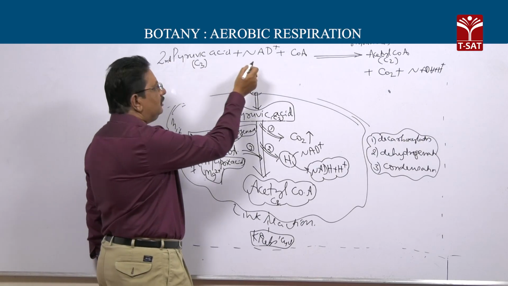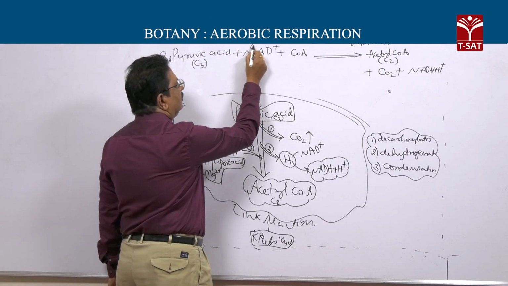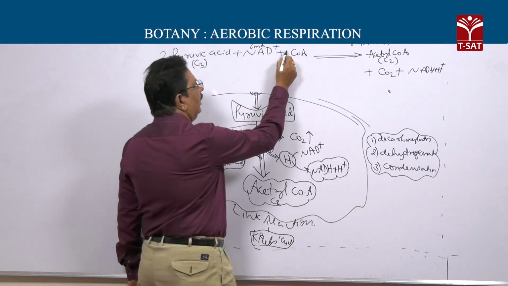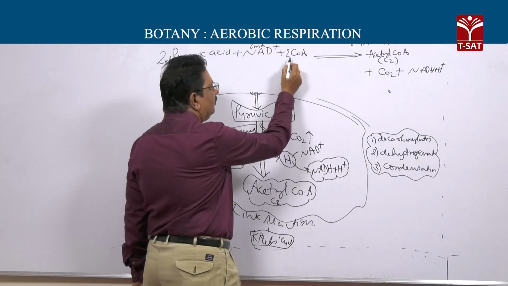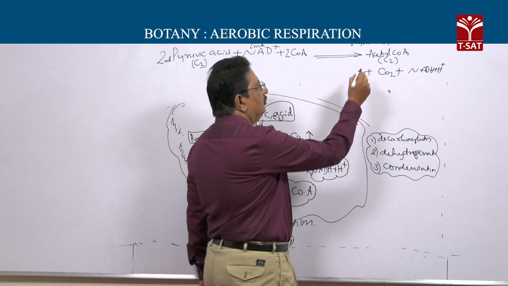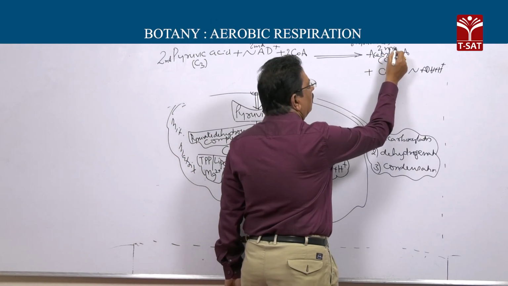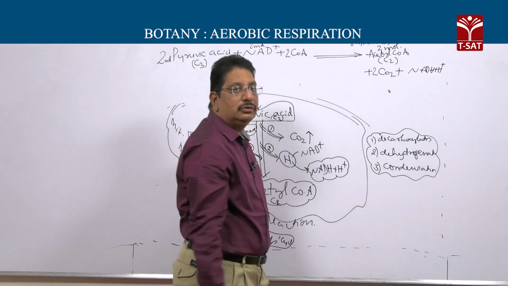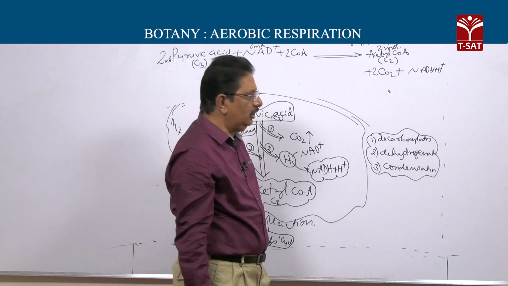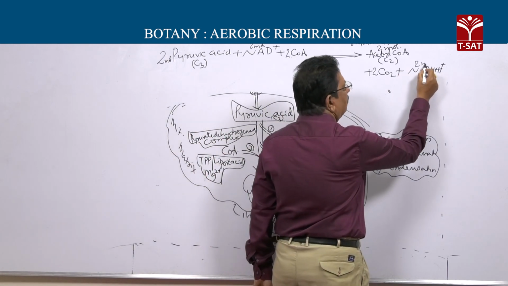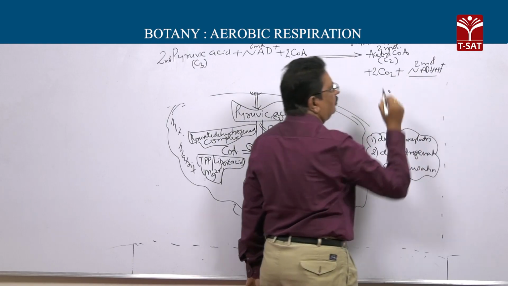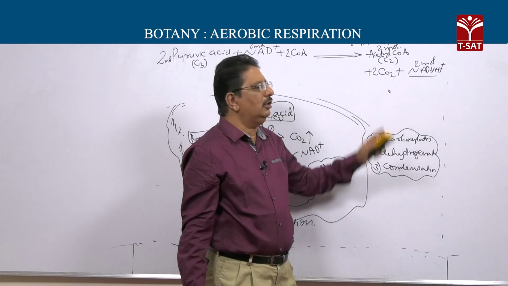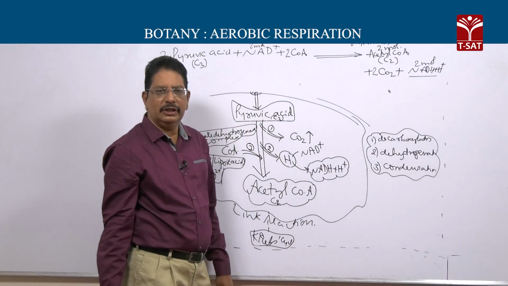So for conversion of 2 molecules of pyruvic acid, they require 2 molecules of NAD plus and 2 molecules of coenzyme A. As a result, we will get 2 molecules of acetyl coenzyme A, 2 molecules of CO2 liberated, and 2 molecules of reduced coenzyme, 2 molecules of NADH plus H plus.